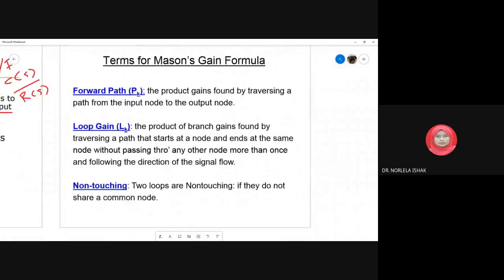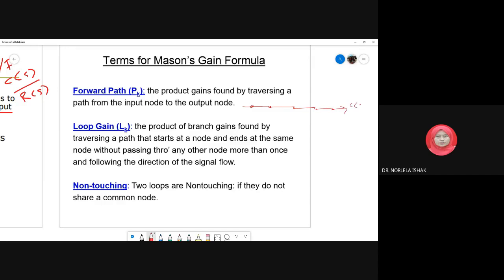This is the definition. The first one, forward paths. What is the forward path? The product gain found by traversing a path from input node to the output node. Okay. Let's say we have an input, for example.